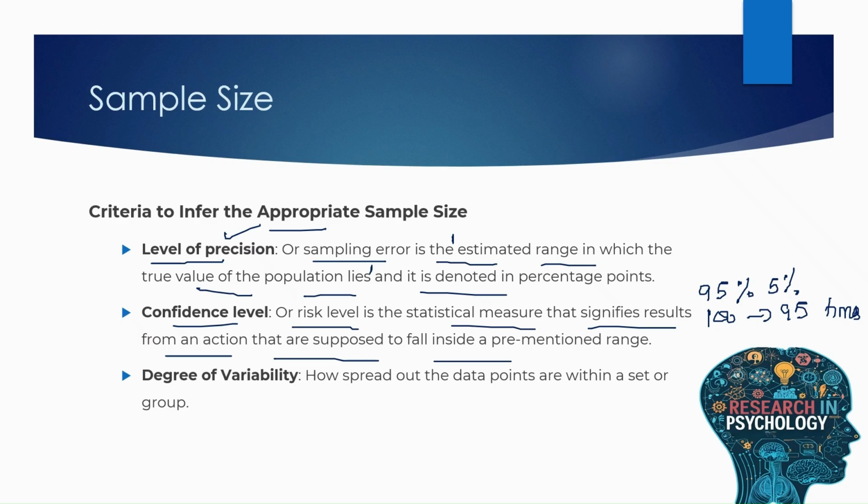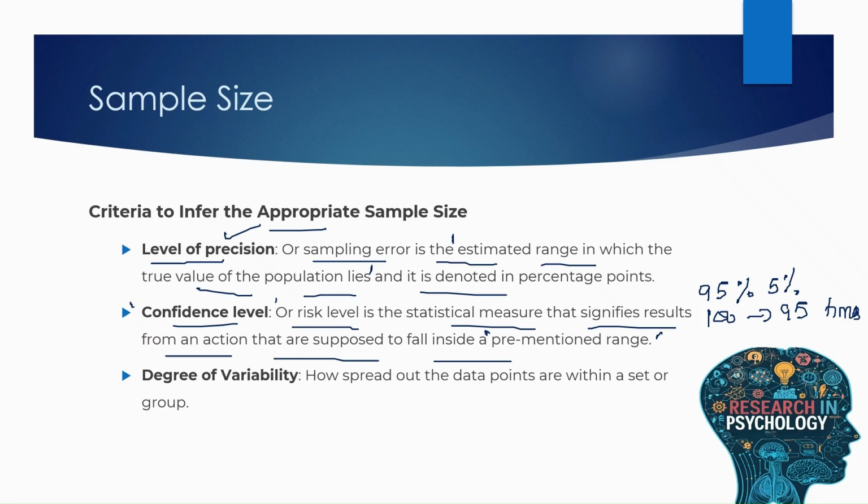So whenever we start a research or study, we first decide on the confidence level, like how much risk we are able to take of getting a negative or wrong result, right?